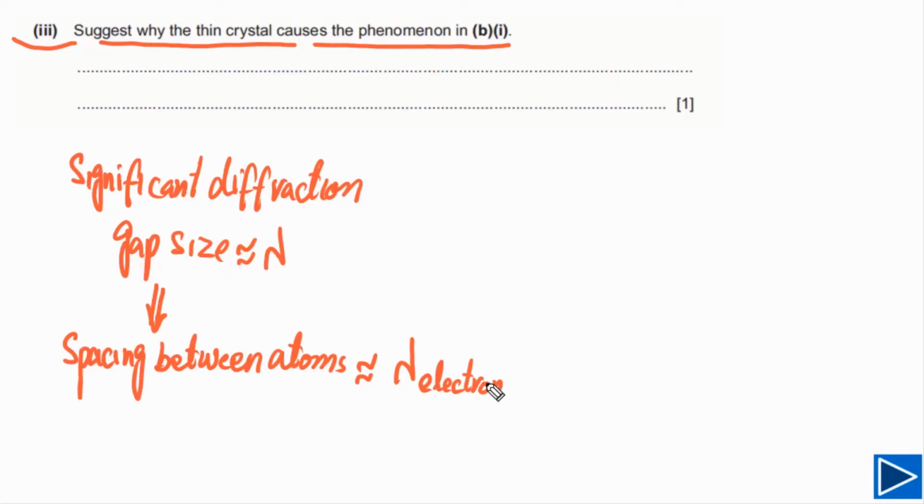In this case, we observe electron diffraction. So it means that the spacing between atoms is almost equal to the wavelength of the electron. So that's the reason we observe electron diffraction. This is the point you need to write down, and this question has 1 mark. So this is our answer for this question.